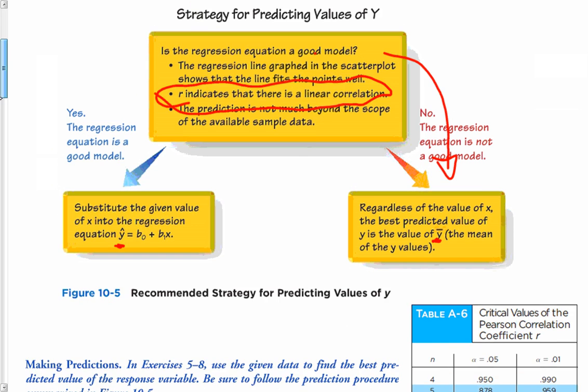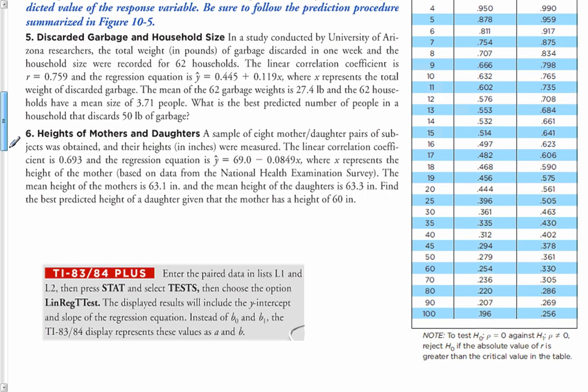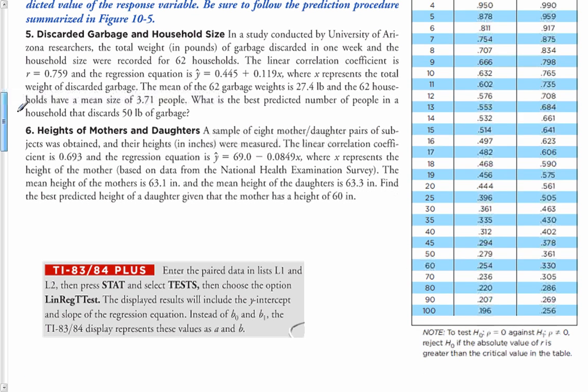So, let's look at number 5. Number 5 says, in a study conducted by the University of Arizona researchers, the total weight in pounds of garbage discarded in 1 week and the household size were recorded for 62 households.